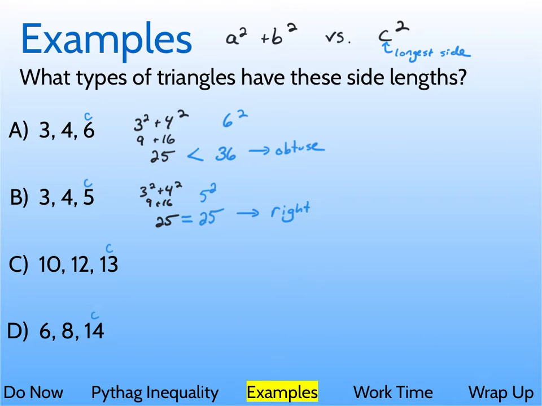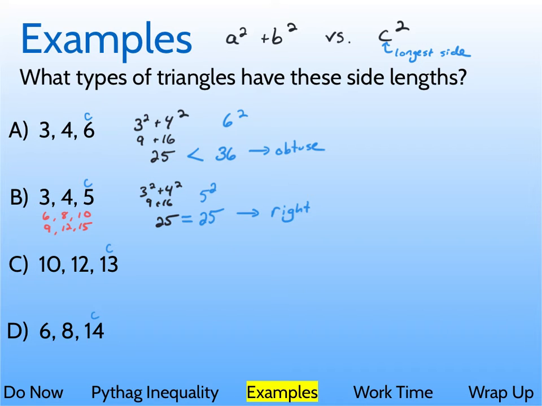And 3, 4, 5, by the way, is a super popular right triangle. It's one of the more famous ones out there. Any multiples of 3, 4, and 5 are also right triangles. For example, another right triangle would be, if you do times 2, 6, 8, and 10. Or if you do times 3, 9, 12, 15. You get it, it goes on forever and ever.